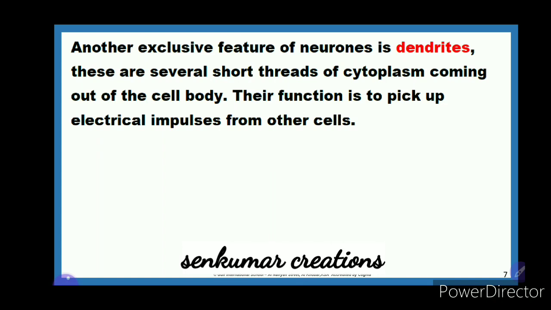These are several short threads of cytoplasm coming out of the cell body. Their function is to pick up electrical impulses from other cells. So the electrical impulse comes to the dendrites, and from the dendrites it passes to the next neuron. Like that, it will go. So this is what we can say about the dendrites.